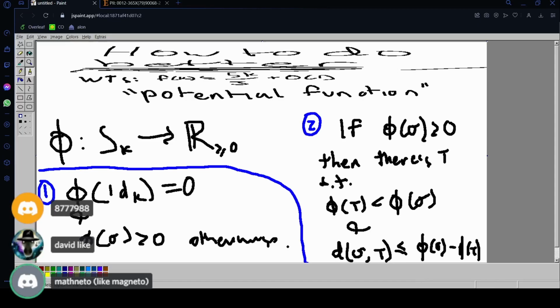You can maybe imagine it kind of like that. I wrote this in my notes, so I'm not sure if this is a terrible analogy.